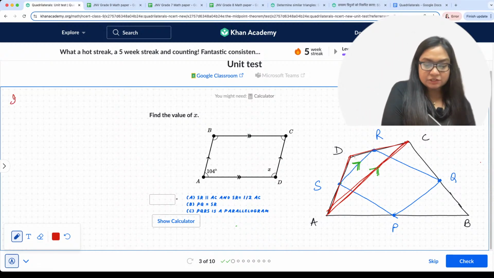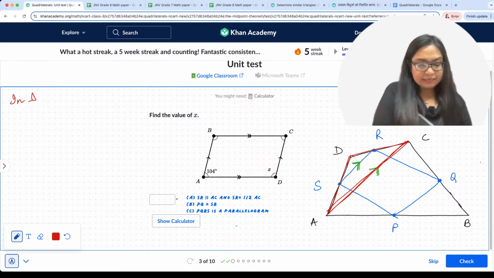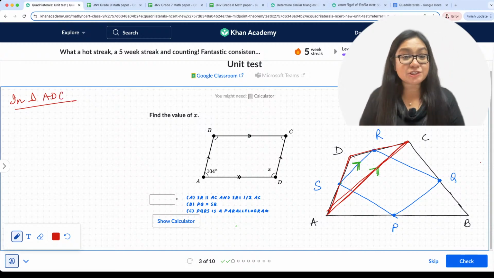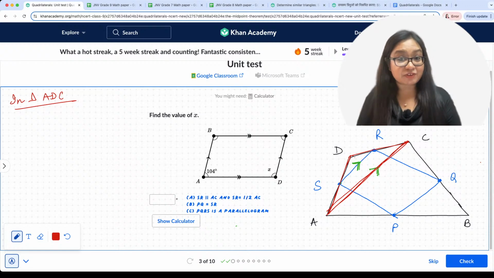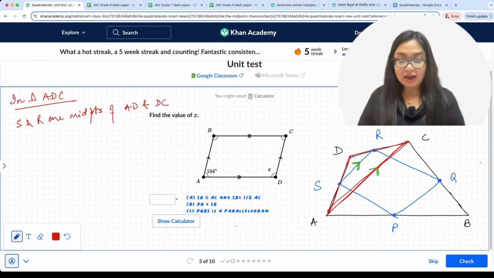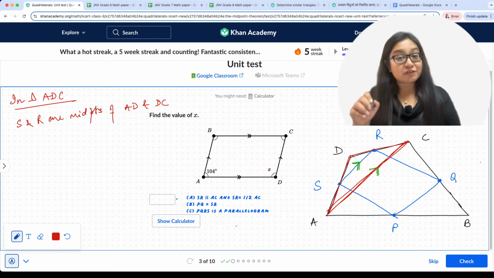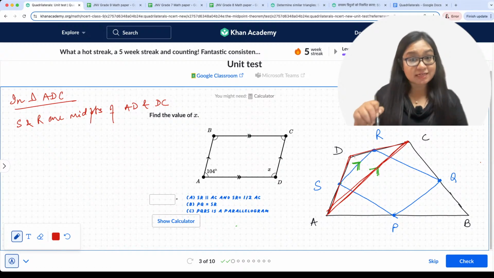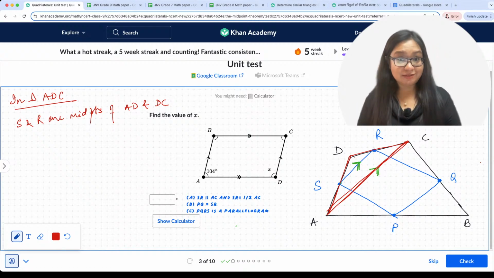I am going to go ahead and consider this triangle. Say that in triangle ADC, what is happening? SR is the line joining midpoints of two sides of the triangle. S and R are midpoints of AD and DC. And if this is a line joining midpoints of two sides of a triangle, then this line is going to be parallel to the third side and half of the third side, right?